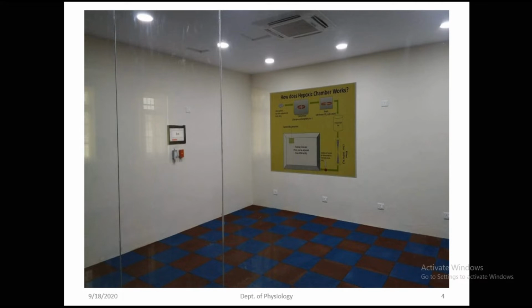So this is a hypoxic chamber, how it looks. In Patiala we have a hypoxic chamber. The total volume of the chamber is 90 cubic meters, and we have one monitor here where we can manipulate or modulate different altitudes.